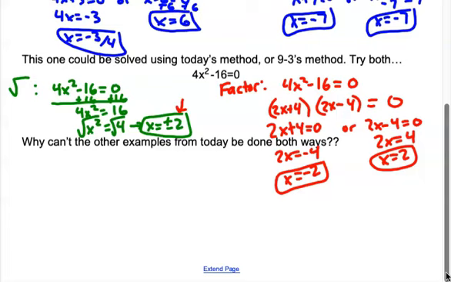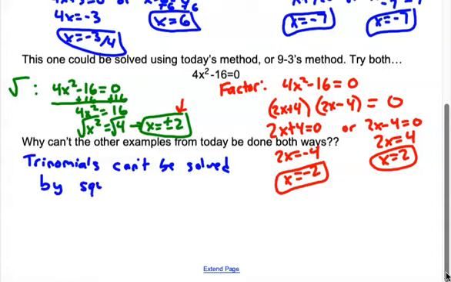Why can't the other examples from today be done both ways? The examples from today are trinomials. Trinomials can't be solved by square roots. As simple as that.